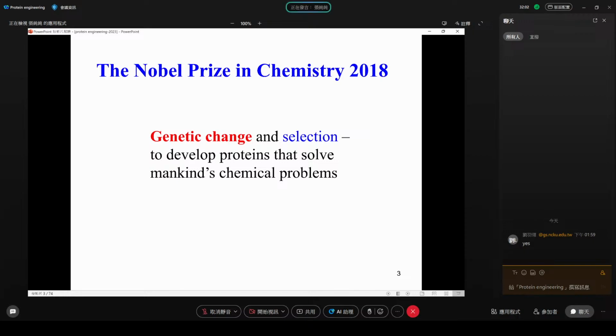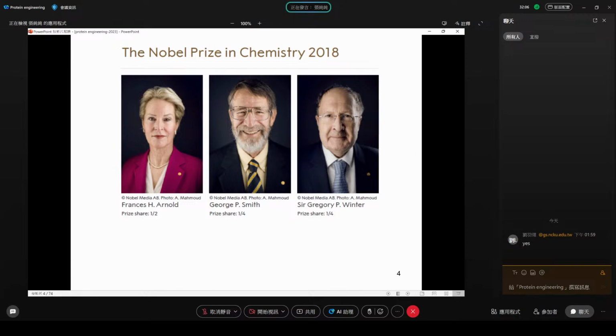Okay, so the first one, look at these three people: Francis Arnold, George Smith, and Gregory Winter. The three of them are from different fields, from chemistry and from biology, and the award went to Francis Arnold because of her idea about directed evolution for enzymes. I will show you her work later.